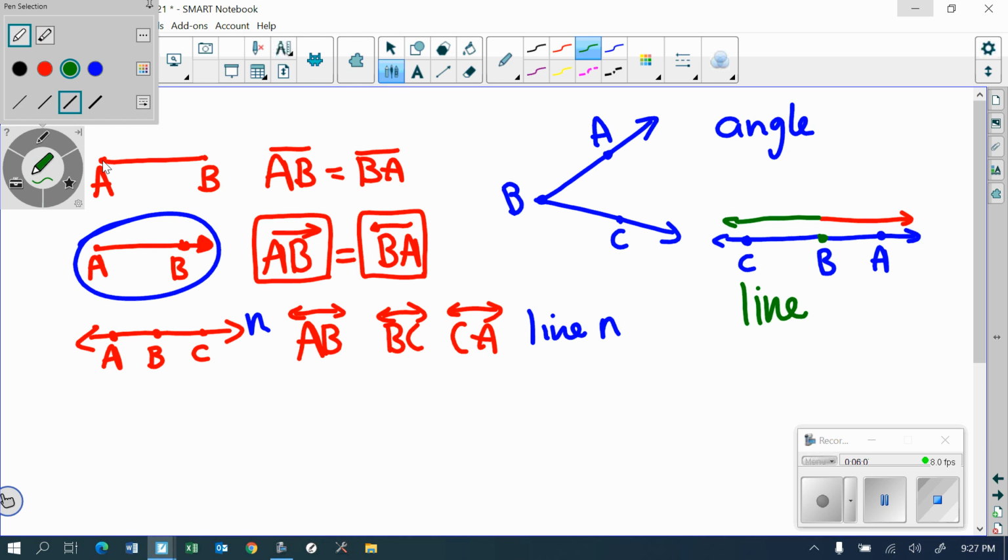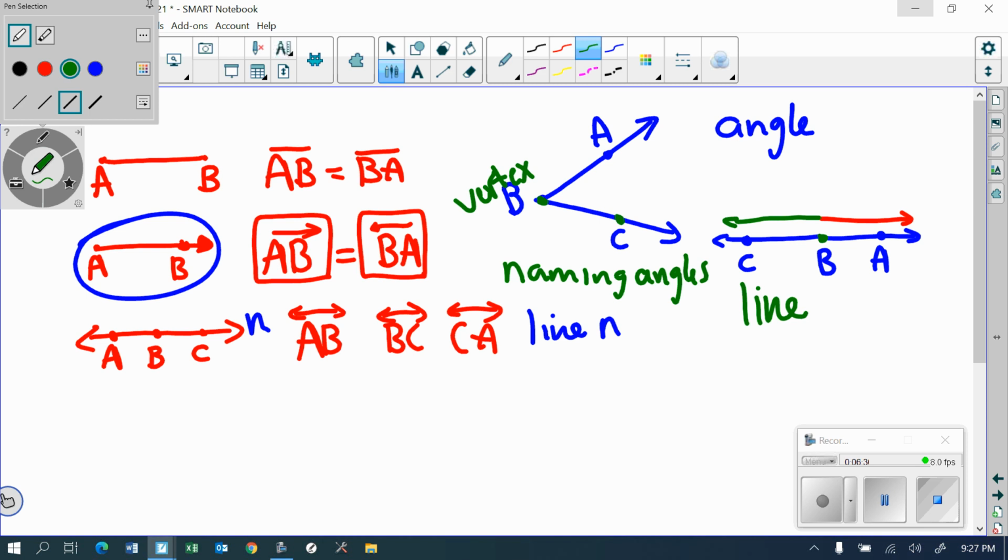Okay, now naming angles. Let's go back to naming angles here. This is called the vertex angle. So that's the vertex point. I name a point not in the vertex.